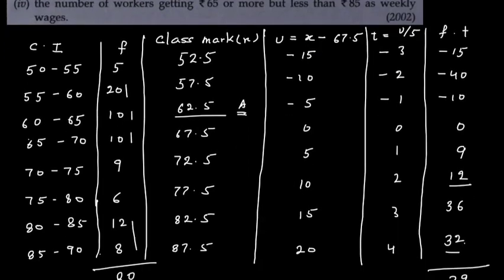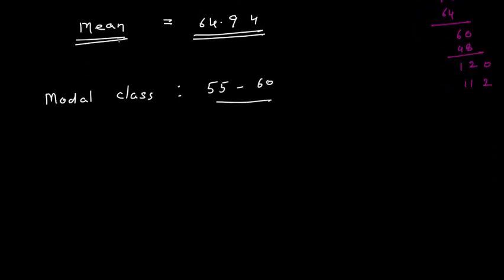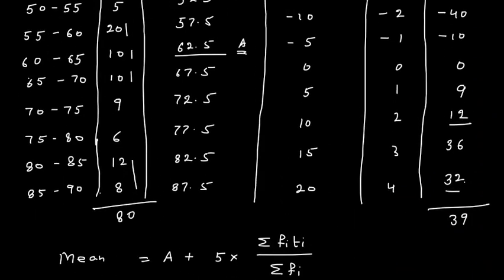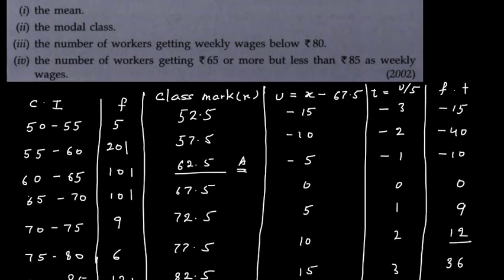So therefore I will say that the number of workers getting salary less than 80 is equal to, now if you see, sometimes teachers use cumulative frequency for this.